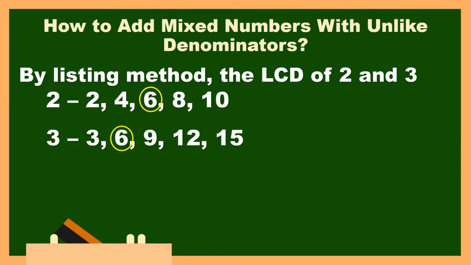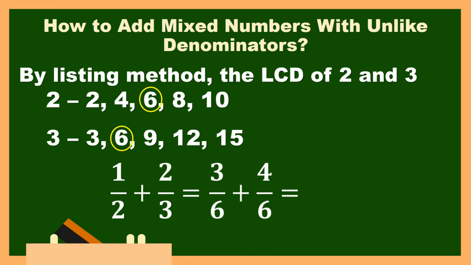So, gagamitin natin si LCD na 6 para maging common denominator. So, 1/2 plus 2/3 is equal to 3/6 plus 4/6. Paano nakuha ang 3/6 at saka 4/6? Ang unang ginamit dyan, ginamit yung LCD na 6 as their common denominator. Then, dinivide. 6 divided by 2 is equal to 3.